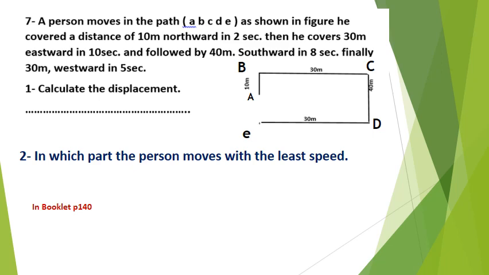To calculate the displacement, please pay attention. The length from E to B equals the length from C to D. Then the distance from E to B equals 40 meters.